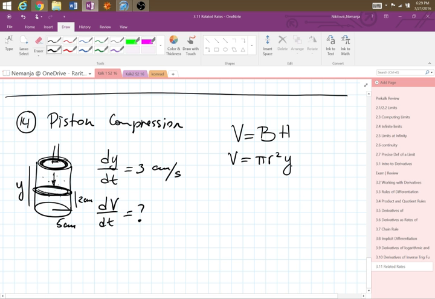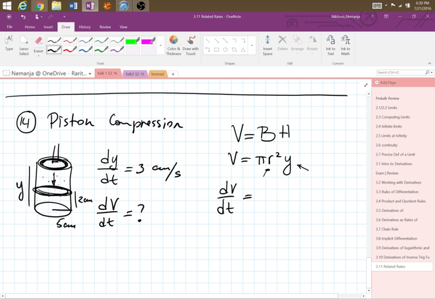We see that the volume is dV/dt, and then on the other side I have the radius and I have the y. Now radius is constant, it's always 5 centimeters. So I actually don't have to take derivative of that.